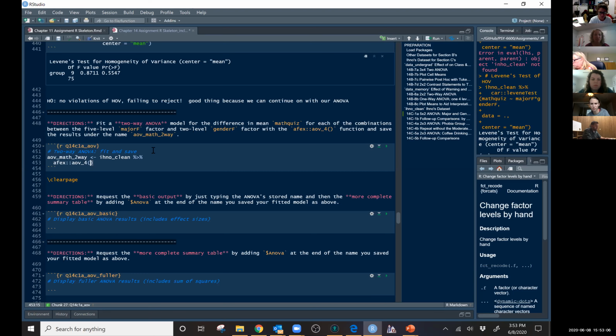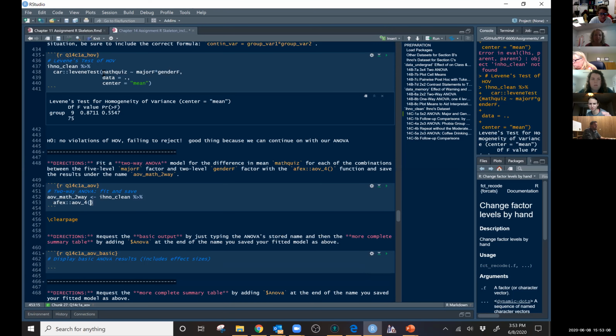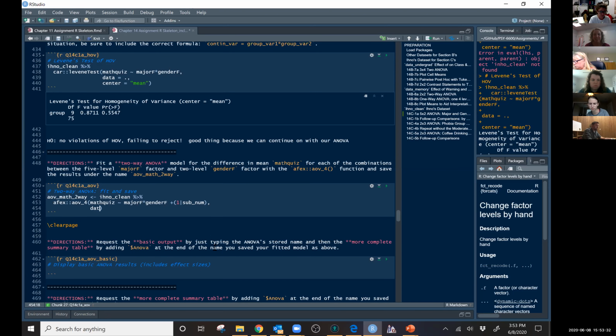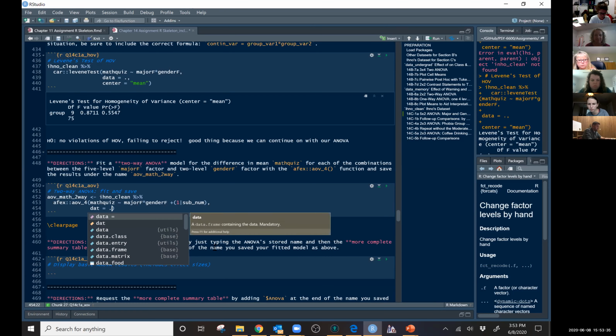The formula is just like we did it in the Levene's test: continuous dependent variable, tilde, both of the independent factors with an asterisk between them, except for what else do we have to tack on to the end? The +1, +1 observation per line. Yeah. Data equals dot.